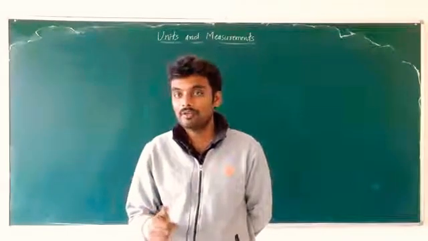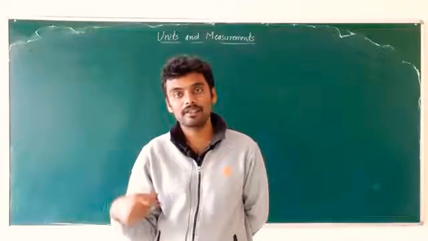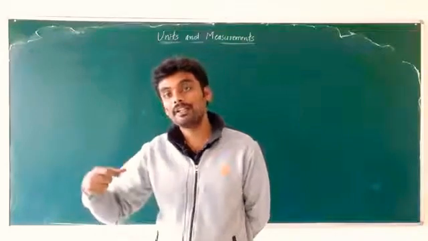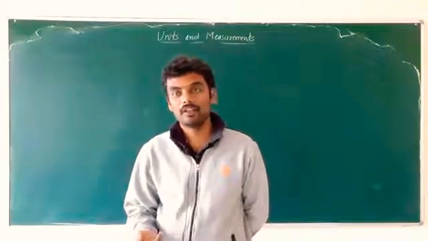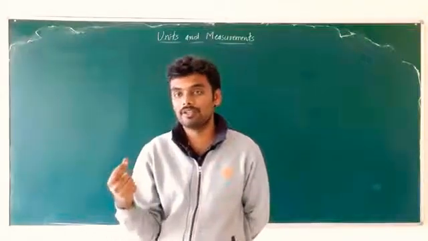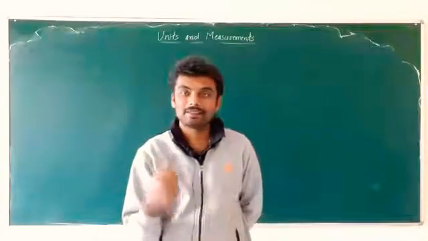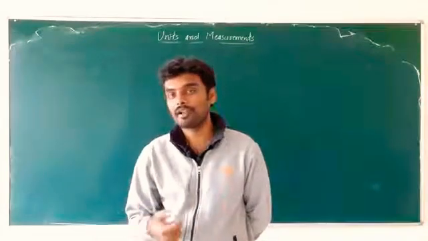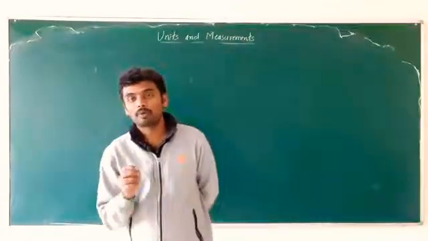And now, with errors in both the quantities, distance and time, speed will also have error, isn't it? Obviously. But how much error will come into speed depending on the errors in distance and time, that we should understand, isn't it? So now we shall see the error propagation.